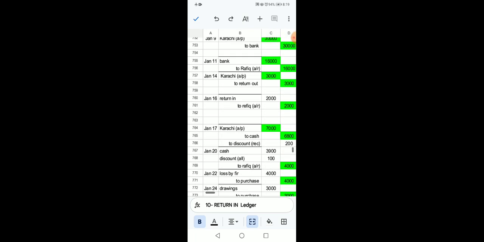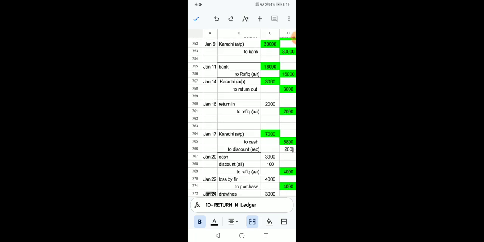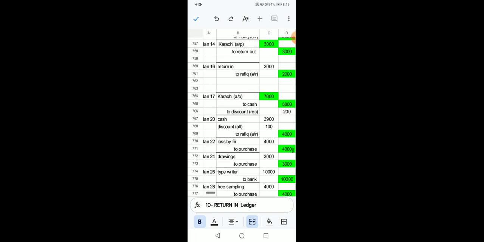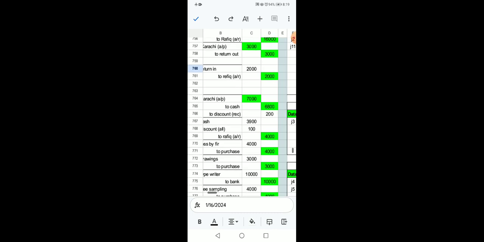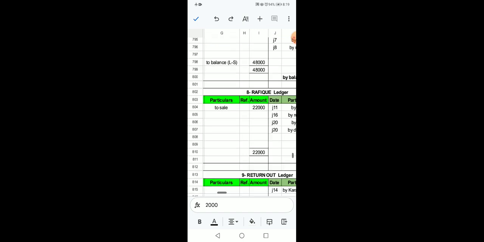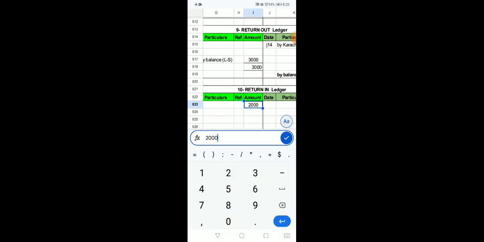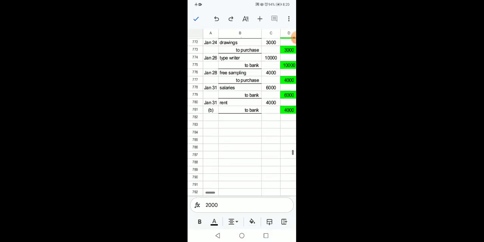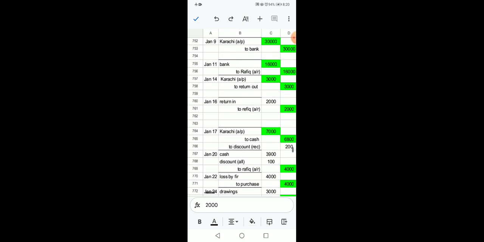Wherever we will see return in, we will pick, and here return in has arrived in January 16. Return in debited by 2000, so go to return in ledger and post 2000 on debit side. It's time to see the reference. So what was the reference of return in?